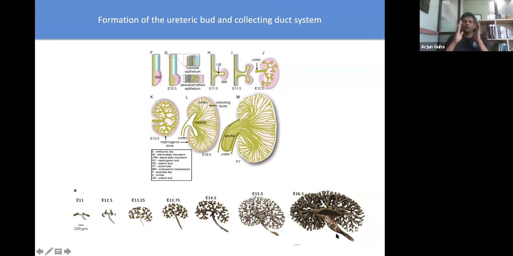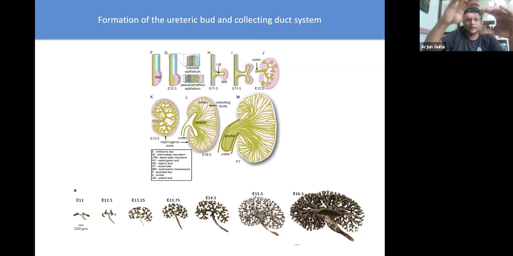So remember, what we're doing here is starting from a cord of cells that has undergone a mesenchyme to epithelial transition. The distalmost part of this cord, which is called the Wolffian duct or the nephric duct, then interacts with a group of mesenchymal cells that are right next to it. And then signals are exchanged, and we'll get into what those signals are.